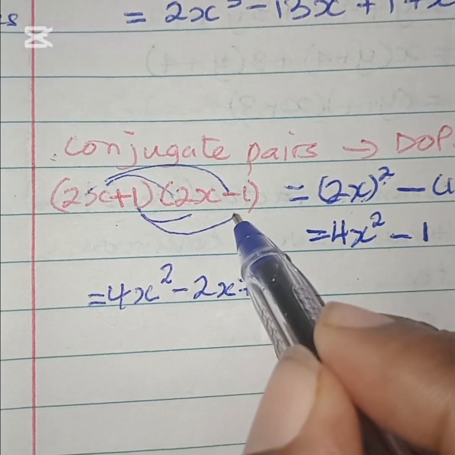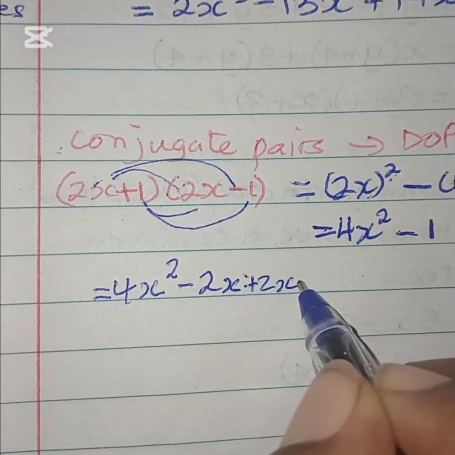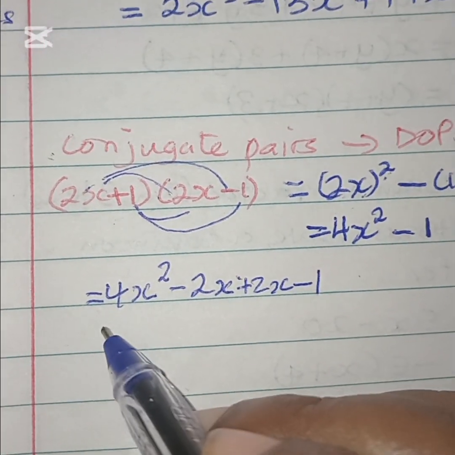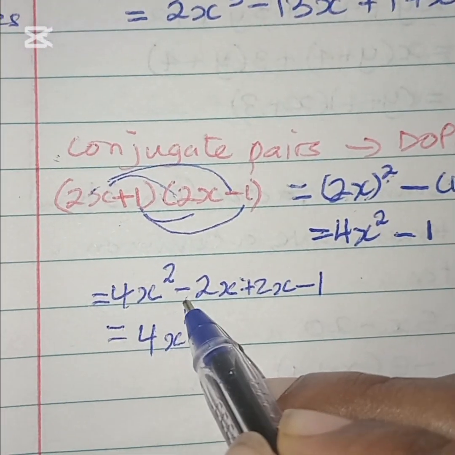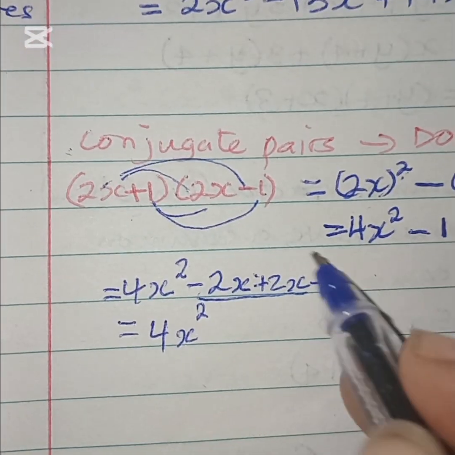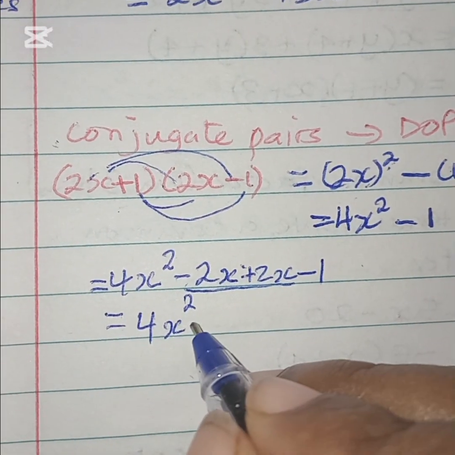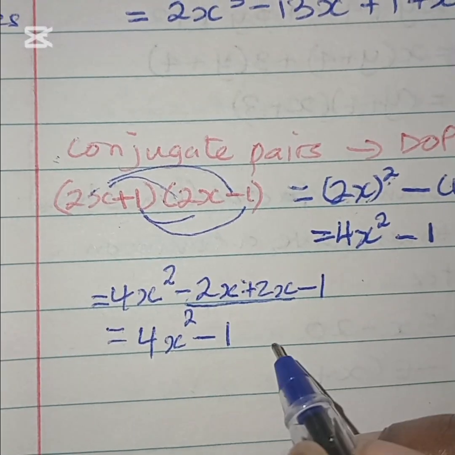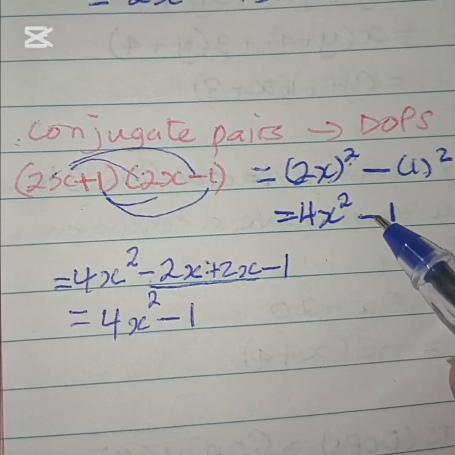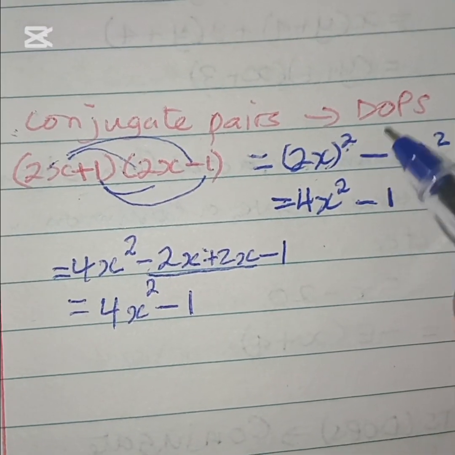And 1 times negative 1 gives negative 1. When we collect like terms, negative 2x plus 2x is 0. And we are left with 4x squared minus 1, which is the same as what we got when we went shortcut.